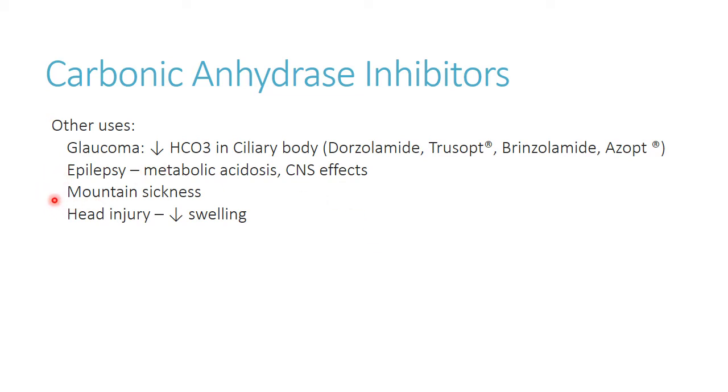Some people might be put on this, for instance, if some of your faculty are going to go to Denver, Colorado in a couple of weeks. We might take this beforehand to try to prevent any kind of altitude sickness. A lot of that has to do with things like cerebrospinal fluid production. This can also help with swelling within the brain after, say, a traumatic injury. So just some ancillary uses you might see occasionally. Again, not typically as an antihypertensive, but still technically a diuretic, so we'll mention it here.